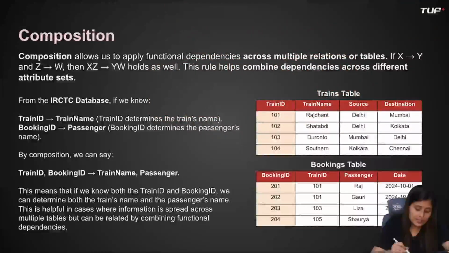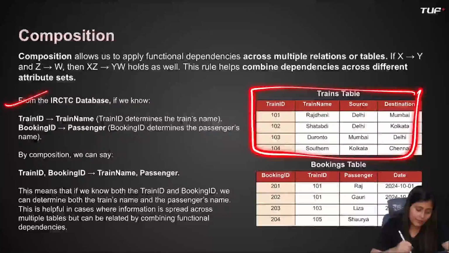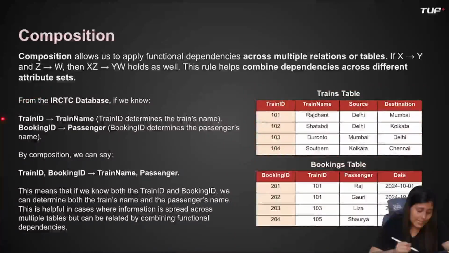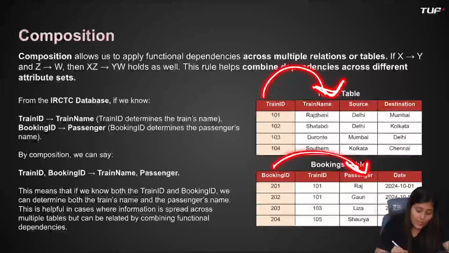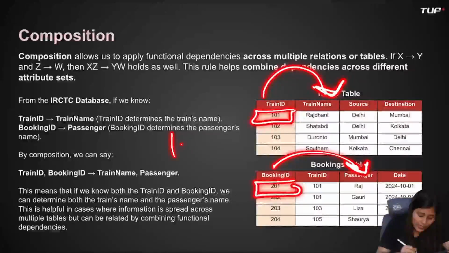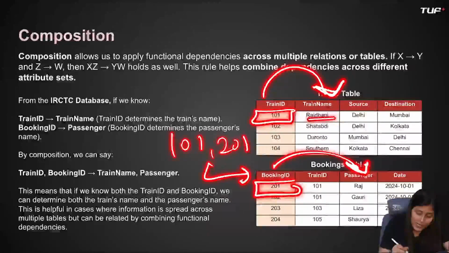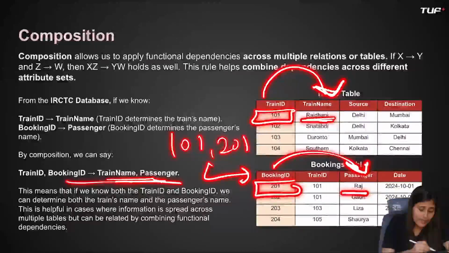Let's suppose in the IRCTC database we have train table and we have booking table. So train ID determines train name, okay, and booking ID determines passenger, okay. This we have, right? So if we have the combination of train ID and booking ID, means 101 and 201, we can say that train name will be Rajdhani and passenger will be Raj, right? So that is what combination means.